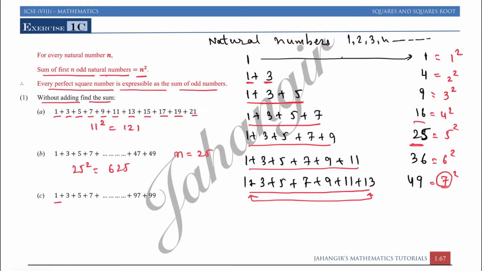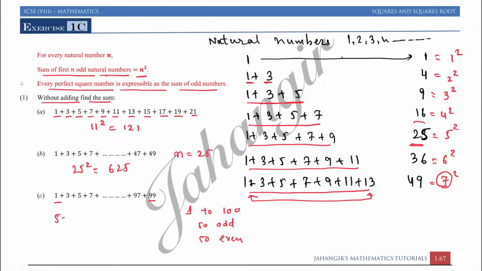Now 1 to 99, that means 1 to 100, we have 50 odd numbers. If you are talking about 1 to 100, there are 50 odd numbers and 50 even numbers. So here 1 to 99, after 99 comes 100, which is an even number, so there are 50 odd numbers.